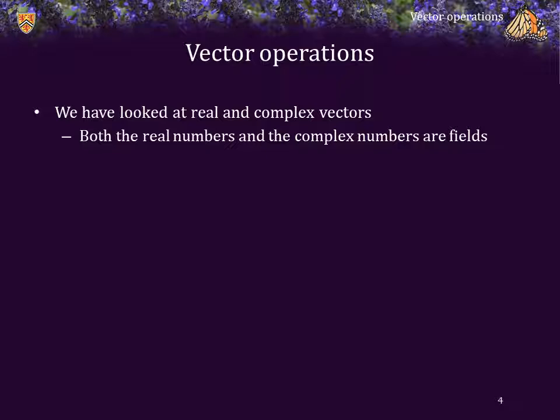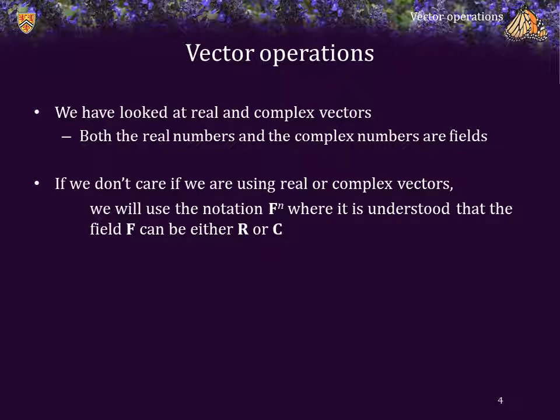Now, we have looked at both real and complex vectors. In both cases, the real numbers and the complex numbers are fields. If we don't care whether or not we're using real or complex vectors, we will introduce the notation of F to the n, where it is understood that the field F could be either the reals or the complex numbers.